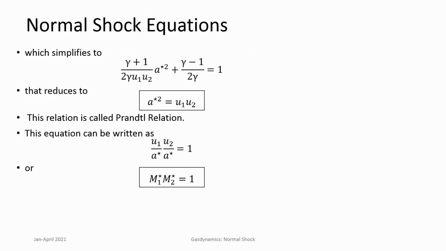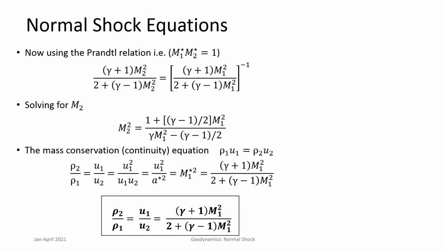By using all three equations together, we come to the relation M1 star M2 star equal to 1. This is called the Prandtl's relation, and using this we can convert the equations so that we can exclusively get the equation for the downstream Mach number M2 square in terms of M1 square and gamma.